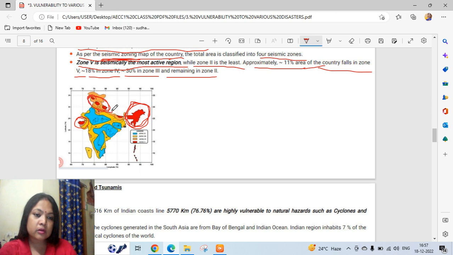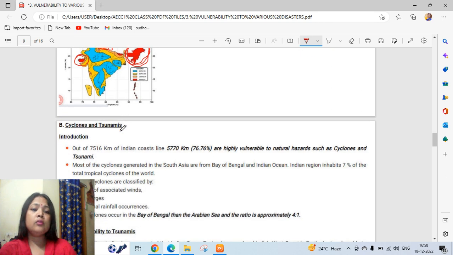And in Odisha, not zone 5, but basically Odisha comes under zone 2, that is less vulnerable, and some places are in zone 3.